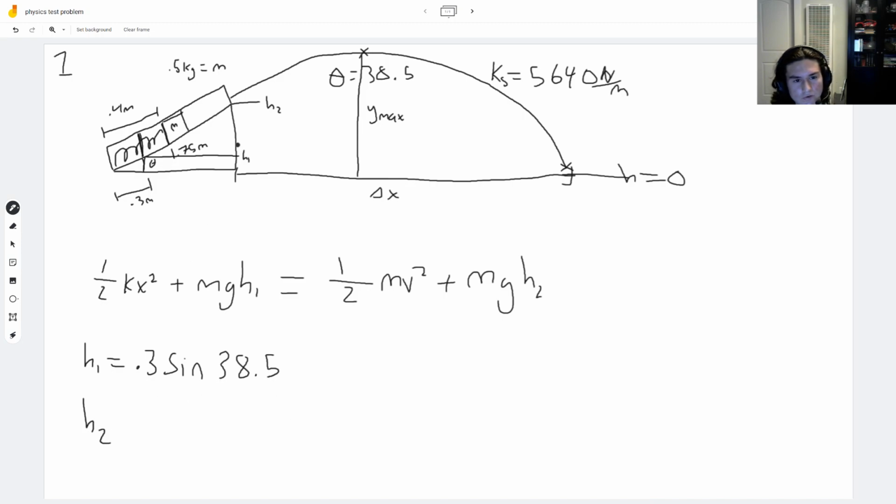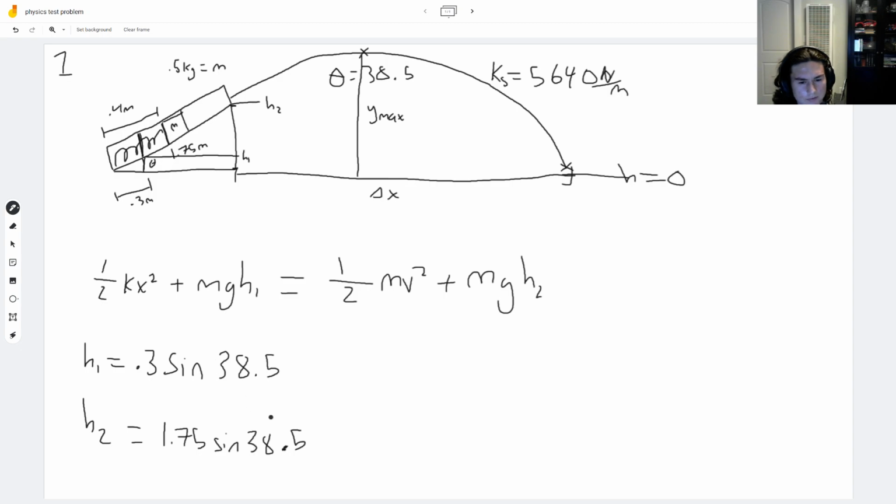For height 2, this time we're going to use the full length of this wedge, basically the entire hypotenuse, which is 1.75. We again use sine to get the height component, so height 2 is 1.75 sine 38.5, still the same angle because they are congruent, or similar, whatever.